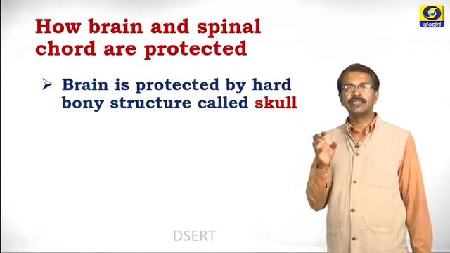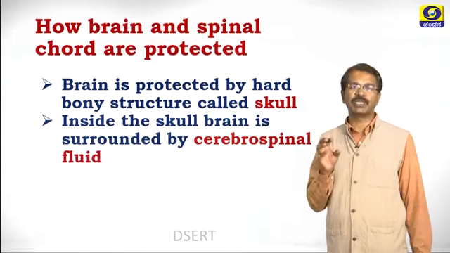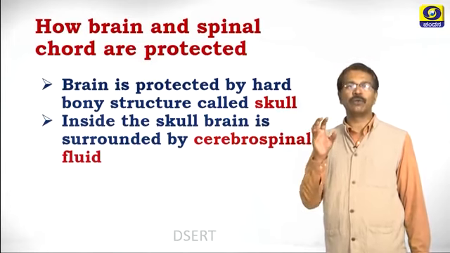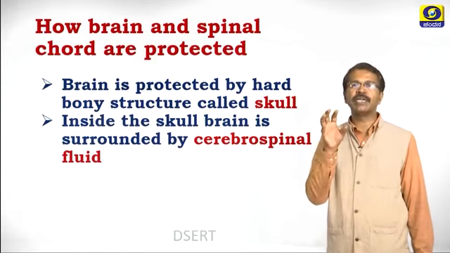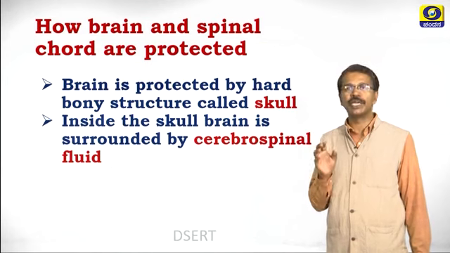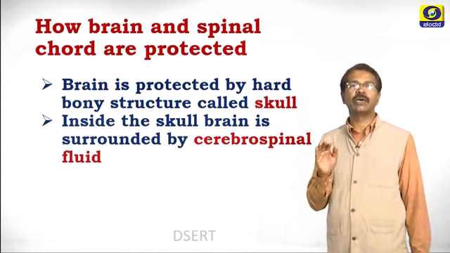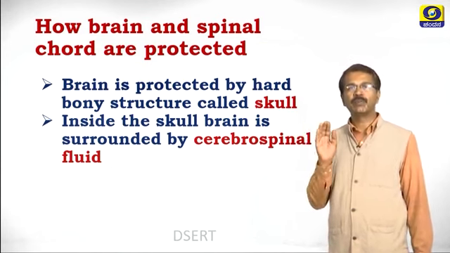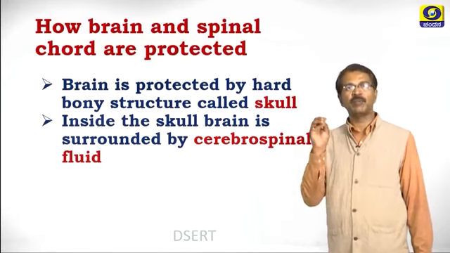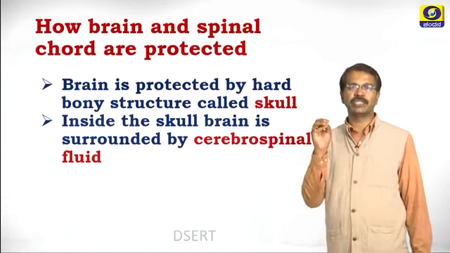Of course, inside the skull, another liquid is present called cerebrospinal fluid. In this fluid, the brain is floating, surrounded by the skull. The cerebrospinal fluid nourishes the brain cells, and it also protects the brain from infectious germs.